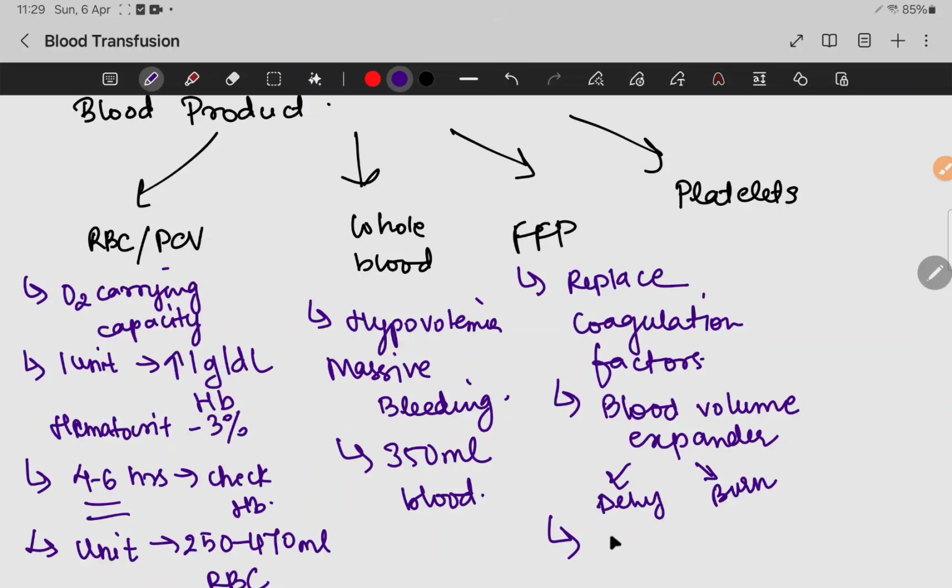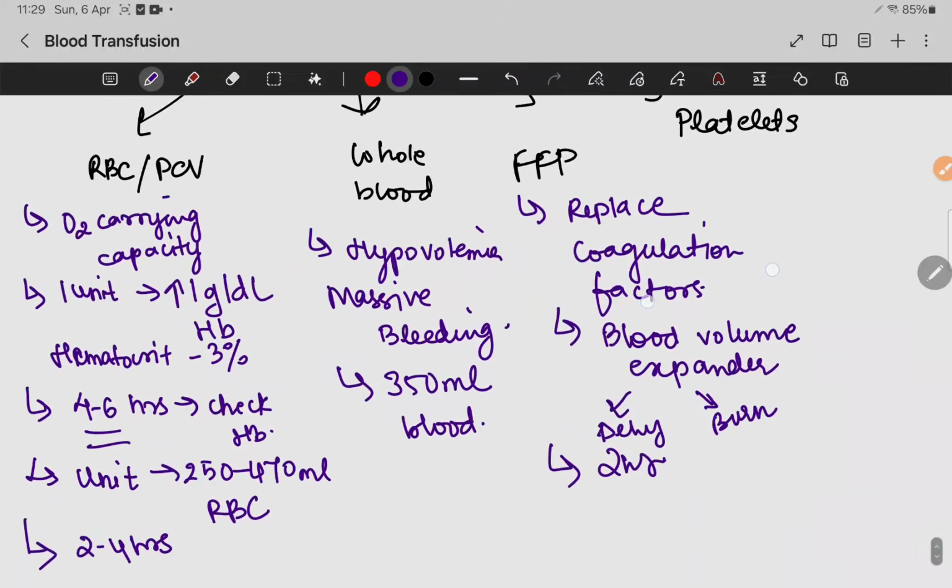So FFP should be infused within 2 hours of thawing and after 15 to 30 minutes it should be infused. Okay, within 2 hours of thawing and infused to the patient as soon as possible in 15 to 30 minutes.